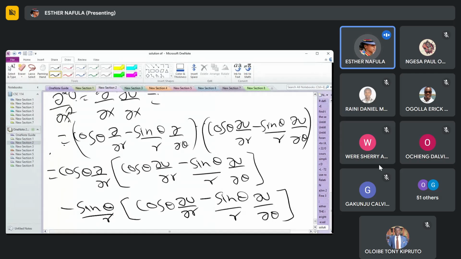We can expand the brackets further. So for the first part, we distribute the cos theta times partial r. For the second part, we also distribute minus sin theta over r.